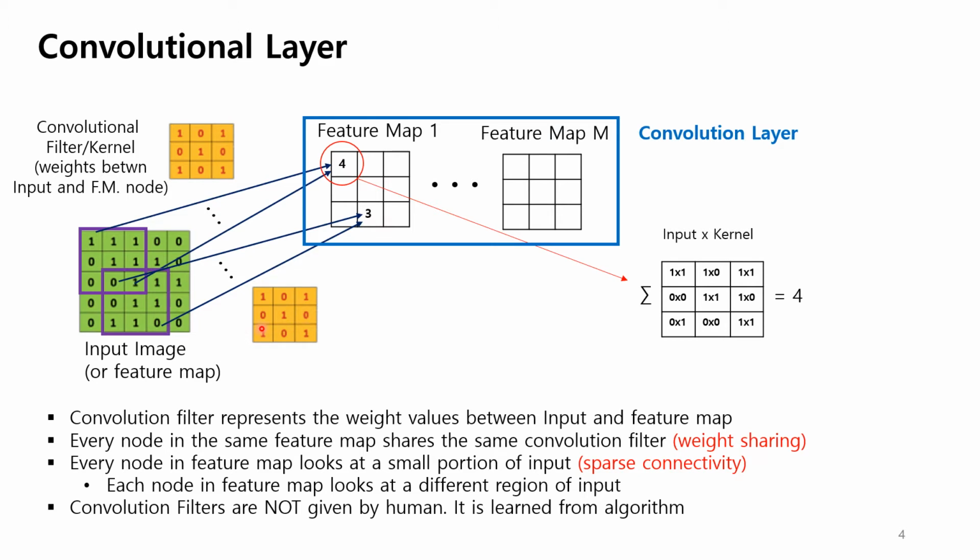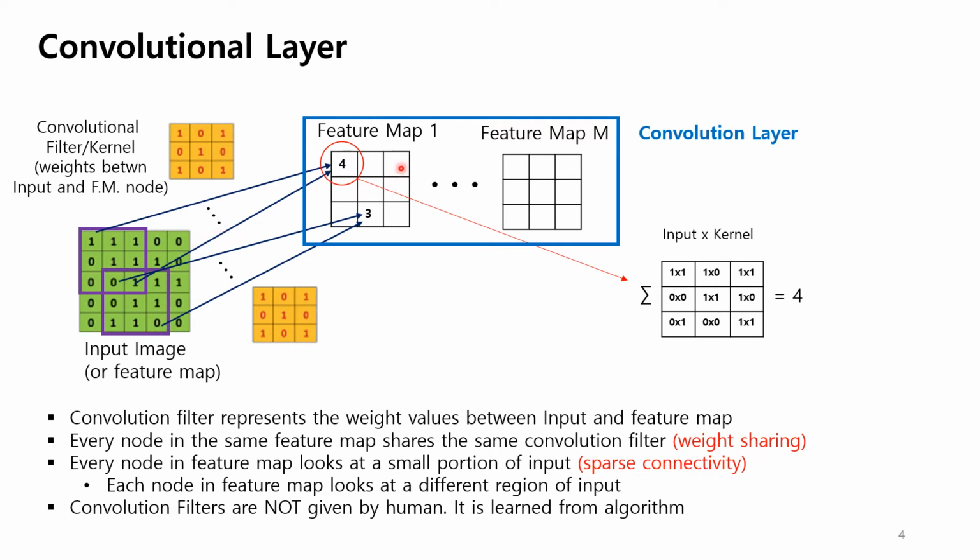So what is interesting here is that in a convolution layer, these weight values must be the same. Okay. So the weight values for this node, whatever they are, are exactly the same as the weight values for this node.